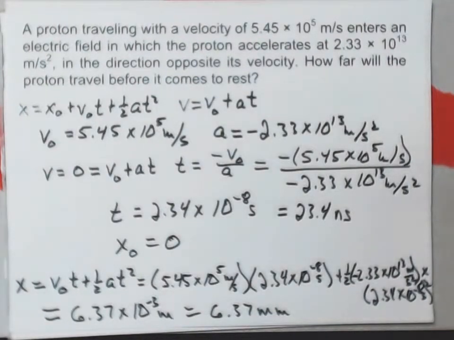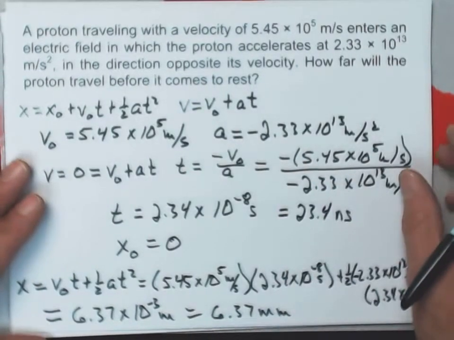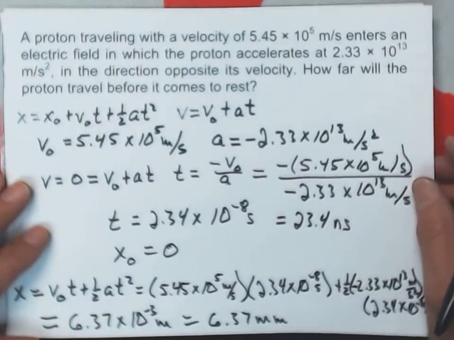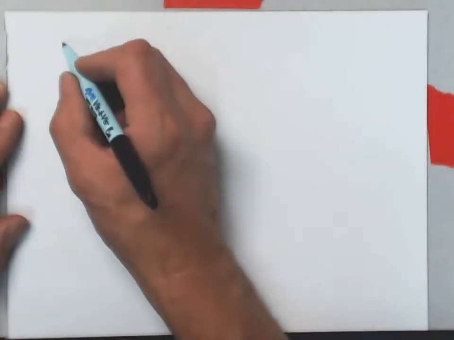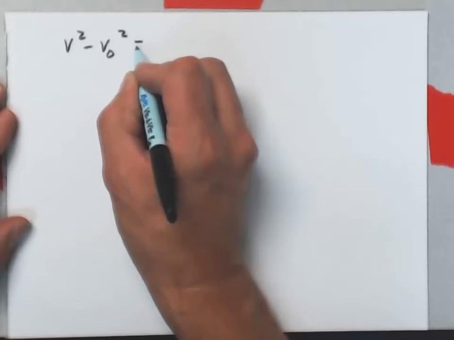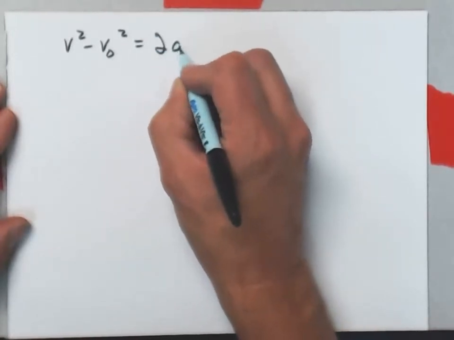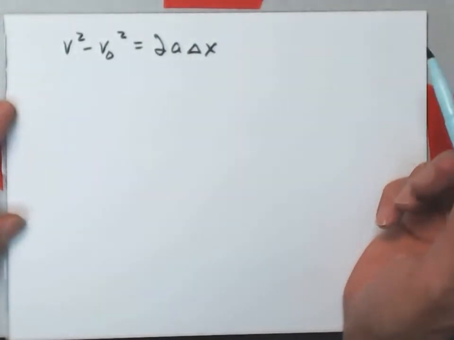There's an easier way to do this problem, and I want to show you that. I didn't write down the third of our constant acceleration equations, so I'm going to do that now. The third equation is v squared minus v naught squared equals 2a delta x. Now, here's what I know in this equation.